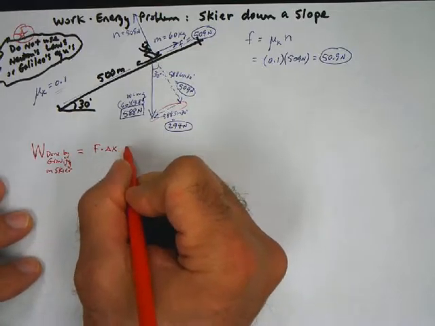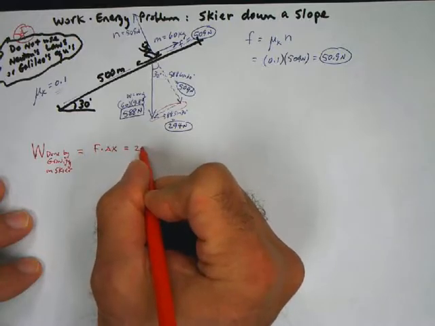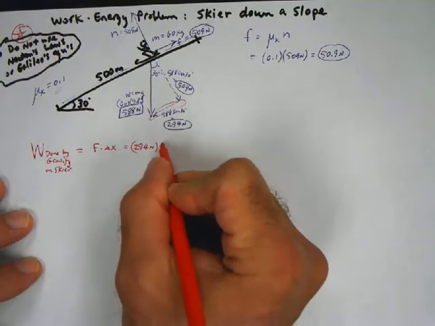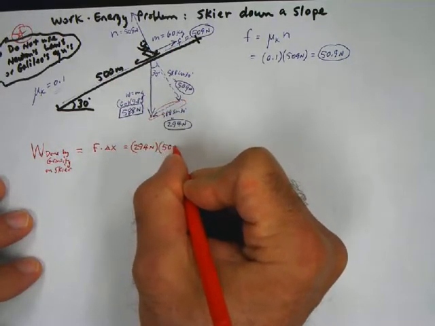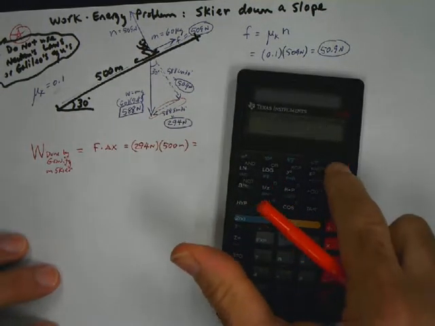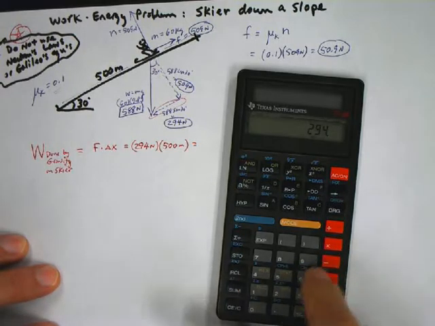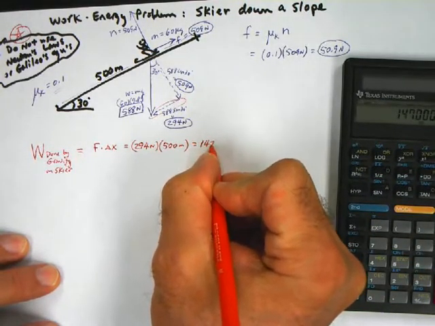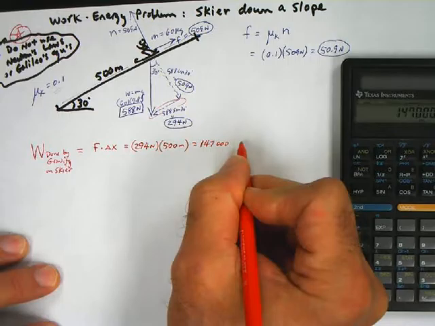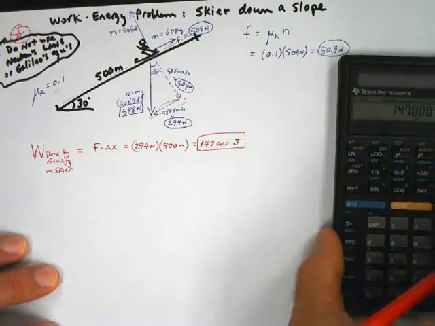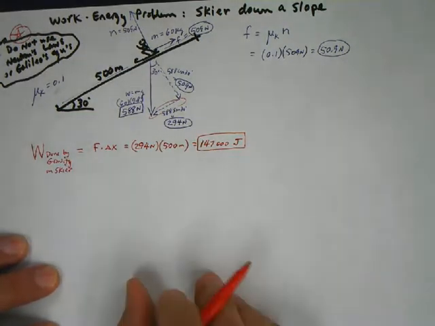So we could go ahead then and say that the force due to gravity is 294 newtons downslope, and then we'll multiply it by that distance of 500 meters, and we will get 294 times 500, which gives us 147,000 newton meters, or joules. 1 newton meter is defined as 1 joule. Okay, so that's the work done by gravity on the skier.